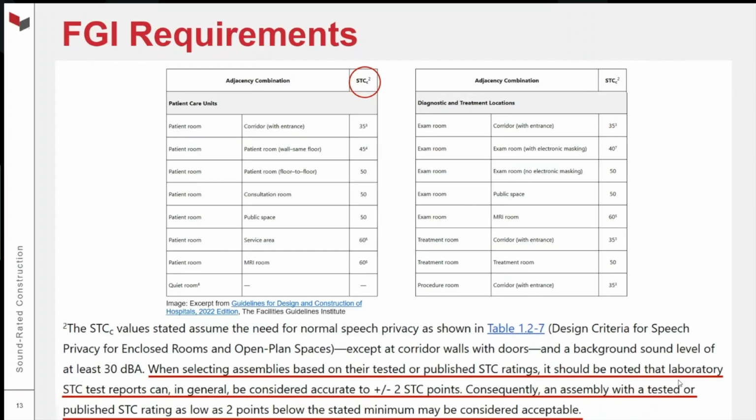Consequently, an assembly with a tested or published STC rating as low as 2 points below the stated minimum may be considered acceptable. So FGI is acknowledging that there's variability in these tests, that you can test the same wall in multiple labs and get a range of results. As far as I know, this is the only design standard that acknowledges that variability. So the folks who did FGI and built this table and wrote that note, they did their homework, they know their stuff. I hope to see this in more design standards in the future.